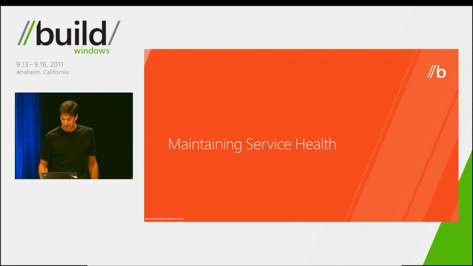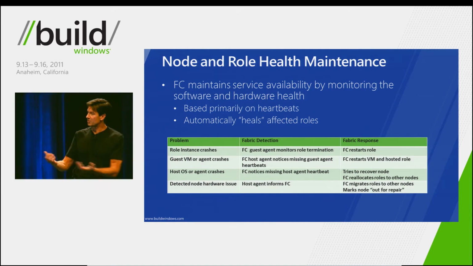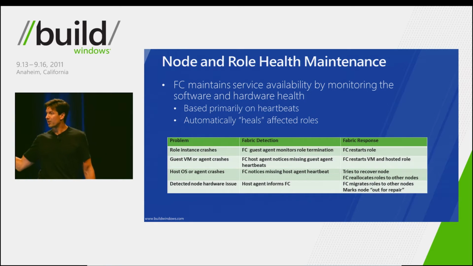Finally, let's talk about health. Part of the Fabric Controller's job is monitoring the health of data center resources as well as your services. This chart shows you, quick and dirty, what we do when we detect certain problems. If we detect, for example, that the guest agent has crashed or the VM has crashed, we will recycle that container.